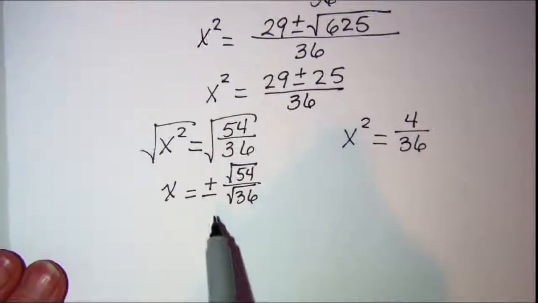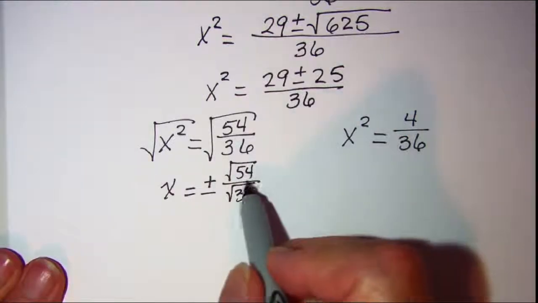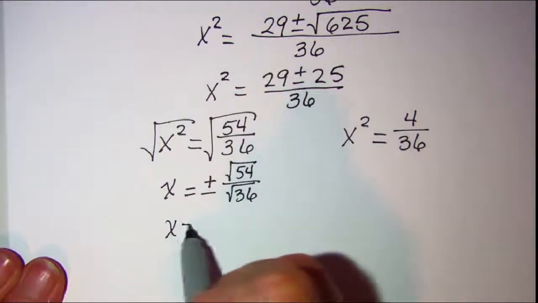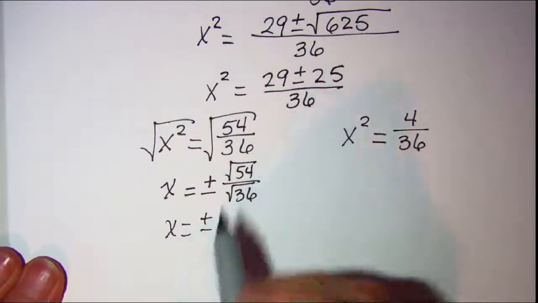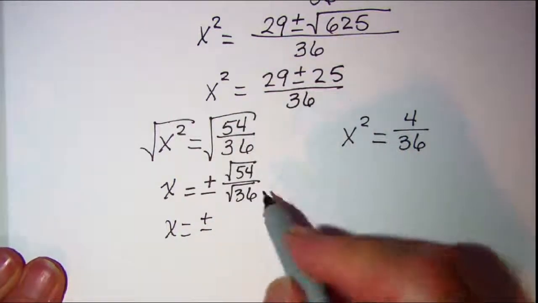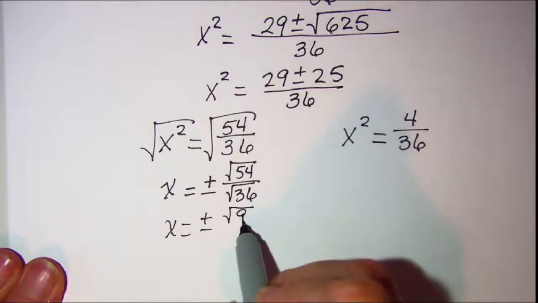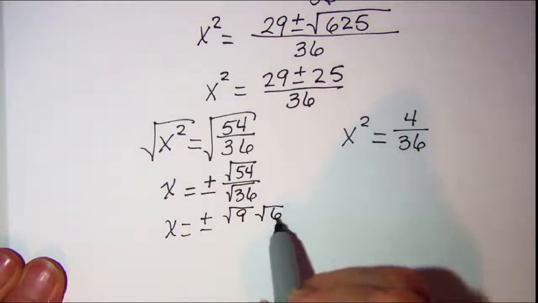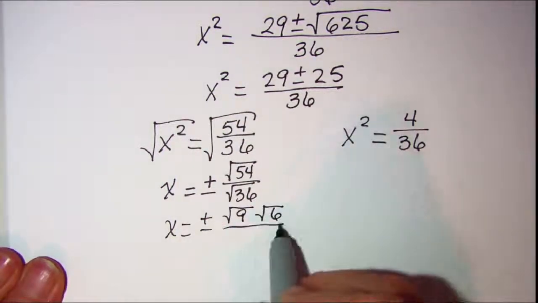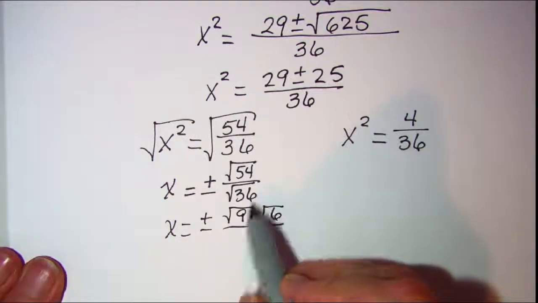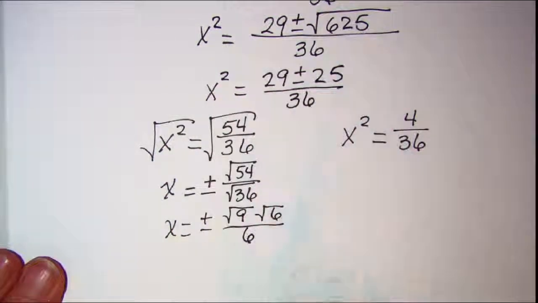I'll go ahead and finish this one. x is equal to plus or minus the square root of 54, which is the square root of 9 times the square root of 6. And then in the bottom, the square root of 36 is 6.